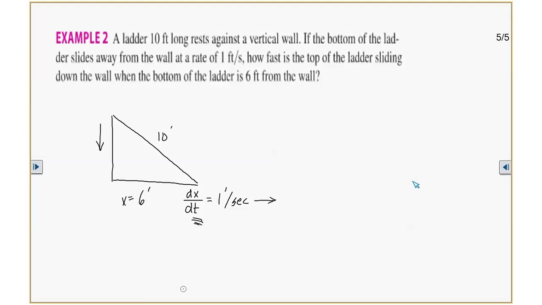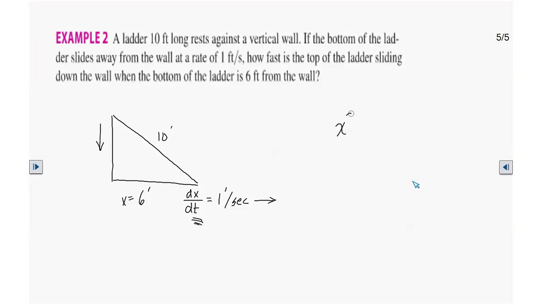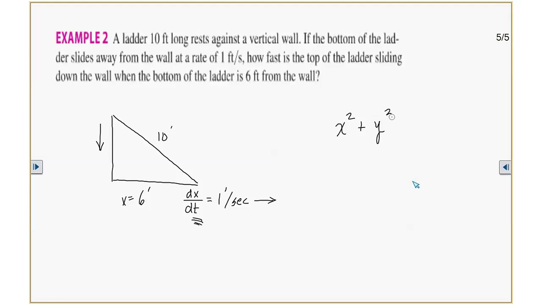So, x squared plus y squared is equal to z squared. There's your Pythagorean theorem. All right? Now, the only way to get dy dt out of that is to take the derivative. But what about z? Well, you've got z.